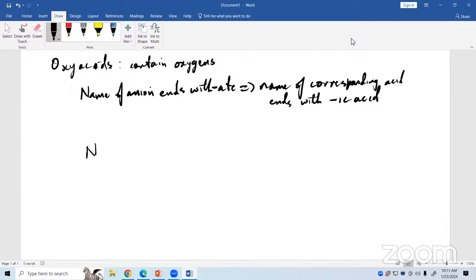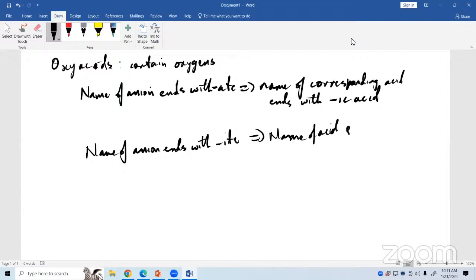Now, if the name of the anion ends with ITE, then the name of the acid ends with OUS acid.